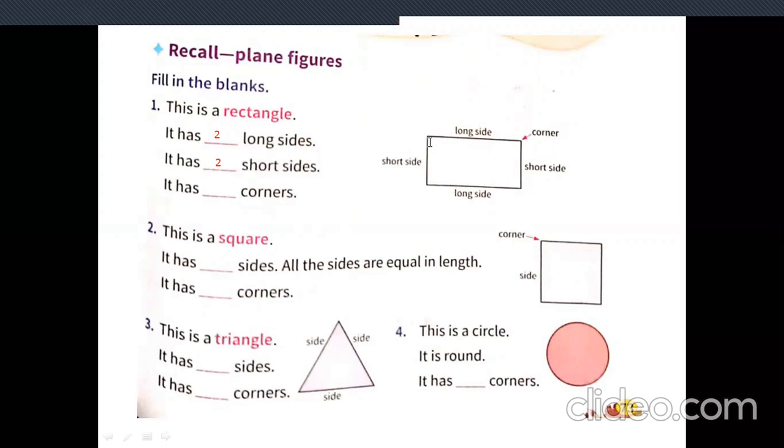And how many corners does it have? 1, 2, 3, 4. It has 4 corners.